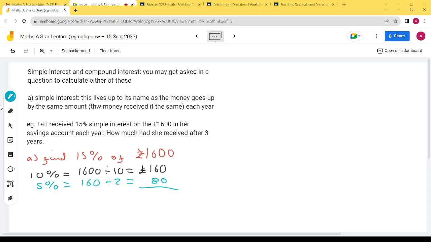If we add them both together, it's going to give us £240. We know it's after 3 years, so simple interest equals 240 times 3, which equals 720. So nothing too complicated to that.